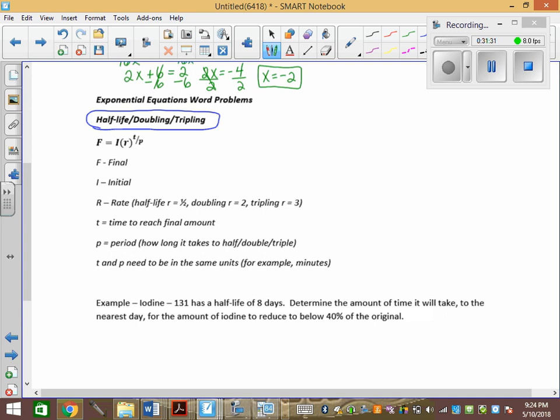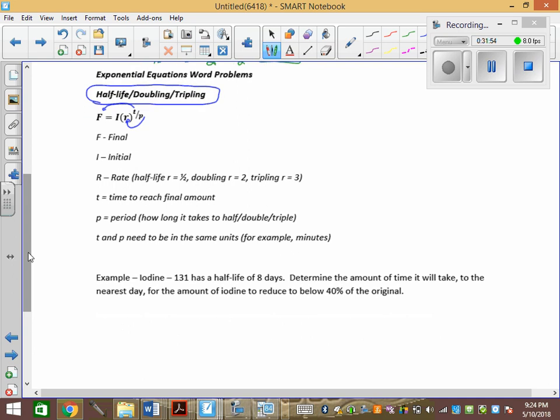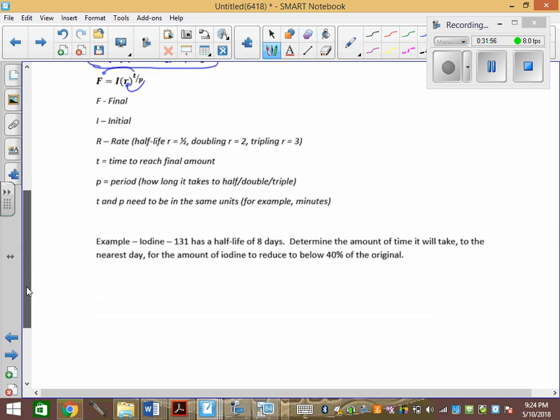T is the time to reach final, and P is how long it takes to half, double, or triple. It's the period. So if it says it halves every 3 minutes, then P would be 3. So if the amount of time follows directly after the word half, double, or triple, it's the P. T and P need to be in the same units. So if one's in minutes, the other one has to be in minutes. Those are both exponents.